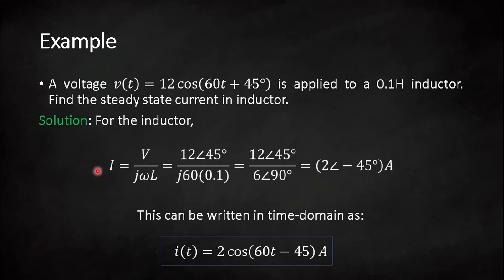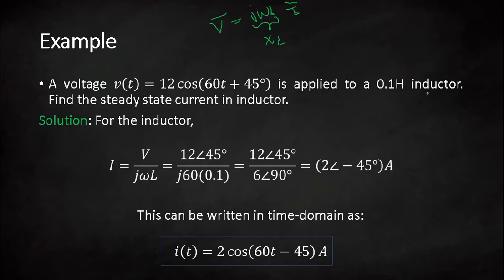So again, using the previous equation, that is I equals V over j omega L. In the case of an inductor, we have derived this equation: V bar is equal to j omega L I bar. This is your inductive reactance XL.